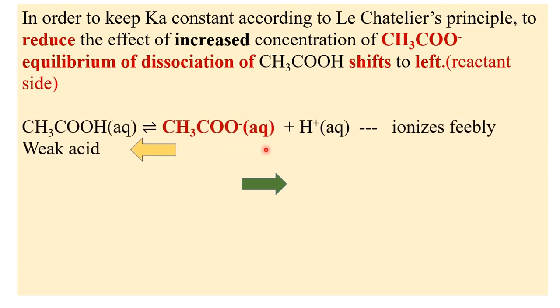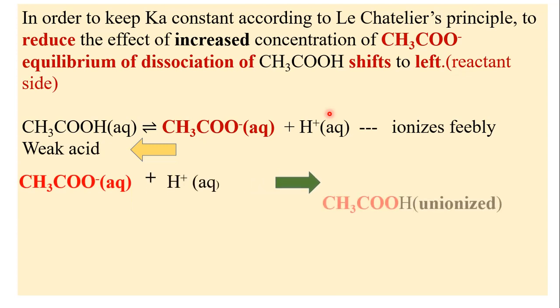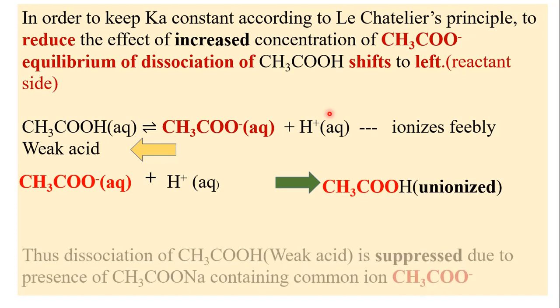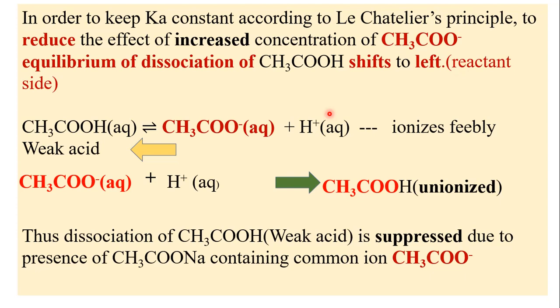Acetate ions react with hydrogen ion and form the unionized molecules of acetic acid, and thus the degree of dissociation of weak acid, that is acetic acid, is suppressed due to presence of sodium acetate, which contains common ion acetate ion.